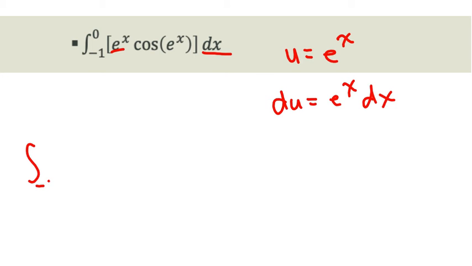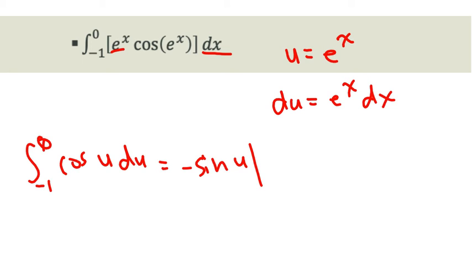So integral from negative 1 to 0 of cosine u du. Take the integral, so the integral of cosine is negative sine of u. Now let's change these values. So if I plug in 0, e to the 0 is 1. What happens when I plug in negative 1? You get e to the negative 1.